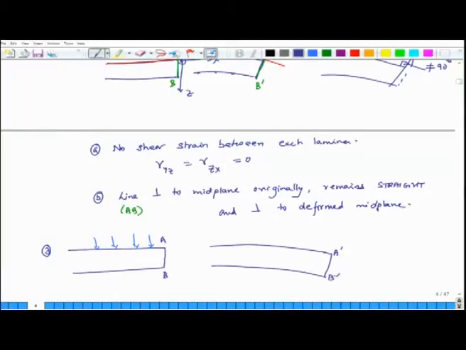So, this is the bent configuration, the length of line AB will not change, because all the external loads are only causing the plate to bend.